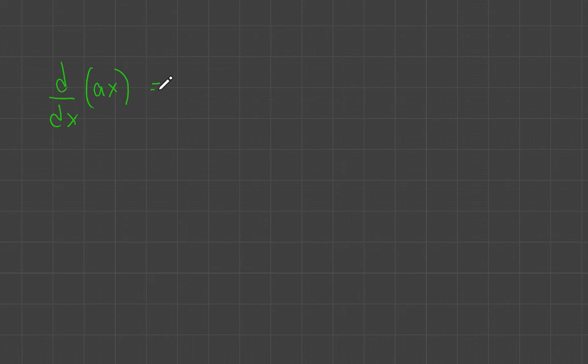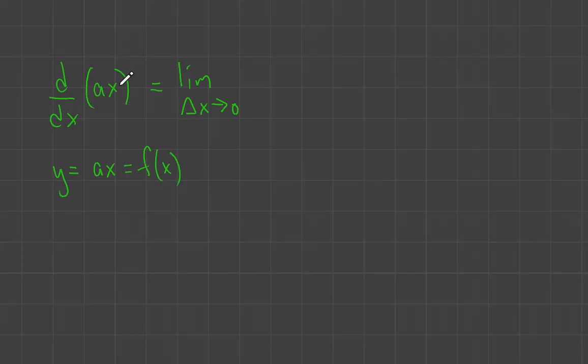So what we do is we set it up the same way as we did in the last video. We say the limit as delta x goes to 0 of, and let's point out that y equals ax, which is a function of x.